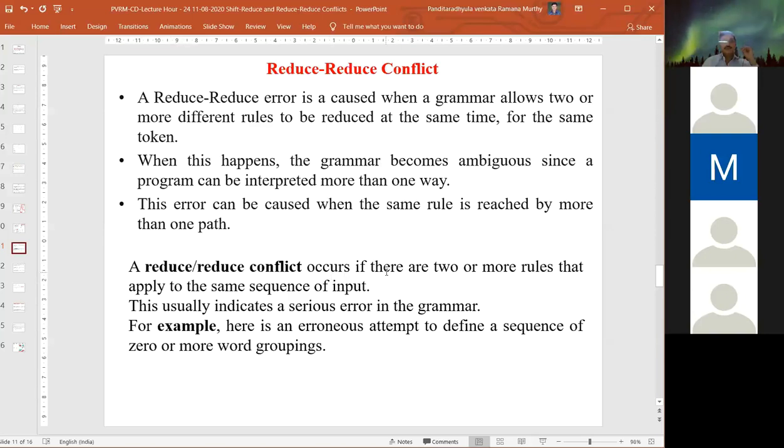We are pushing the same sequence of input onto the stack, but now more than one rule is available. This usually indicates a serious error in the grammar, particularly erroneous attempts to define a sequence of zero or more word groupings.